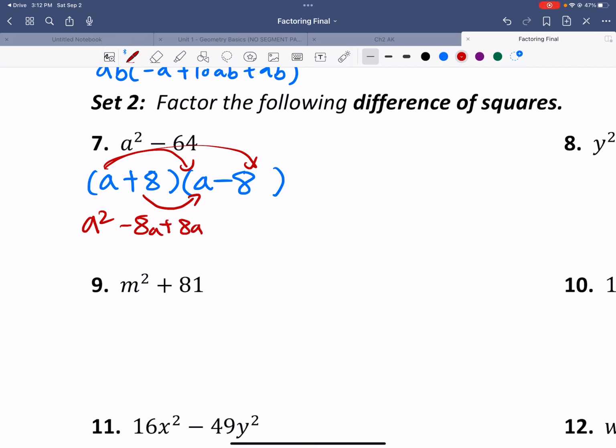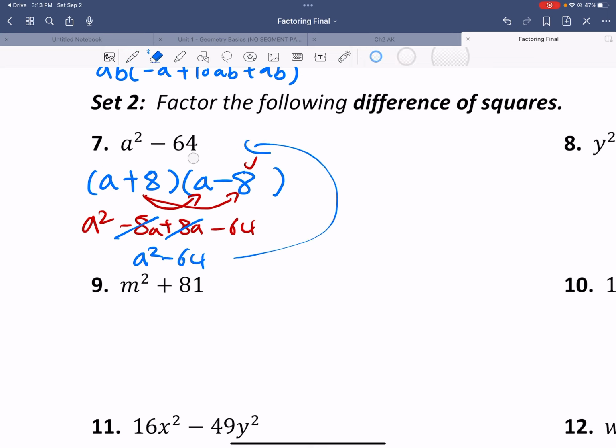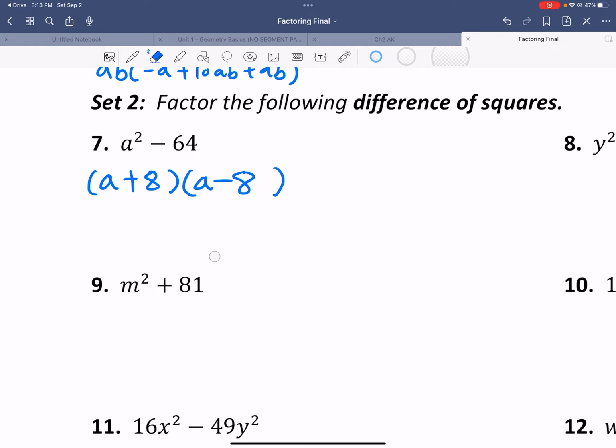I forgot a here. 8 times negative 8 is negative 64. As you can see, these 2 disappear, and you get a squared minus 64. So keep that in mind. You will use the difference of squares almost every day in calculus, so you must feel very comfortable with it.